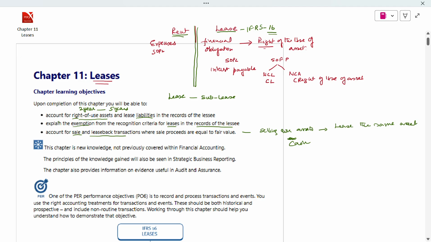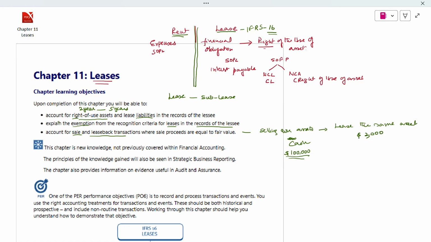Very specifically, you are selling an asset for 100,000 and you are taking the same asset on a lease, and you will pay monthly lease payments of 2,000. The advantage is you will get the cash, and most people do this.